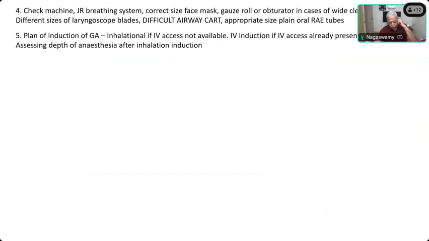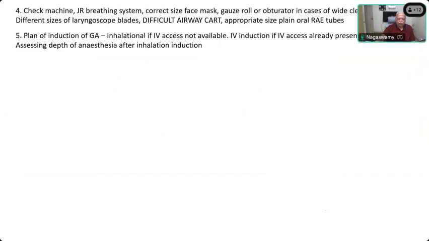I think I have been repeatedly teaching you this in the classes on pediatric anesthesia. There are 3 important signs which occur clinically. What about the respiratory rate? What will happen? Supposing you bring in a conscious child and put the face mask onto the patient's face and start giving oxygen and sevoflurane.